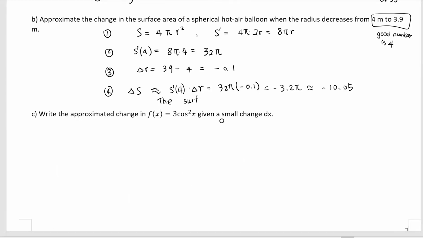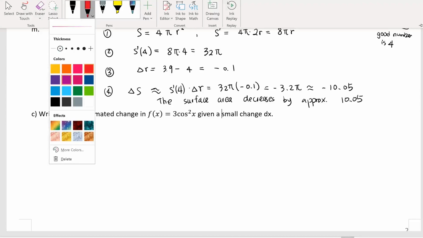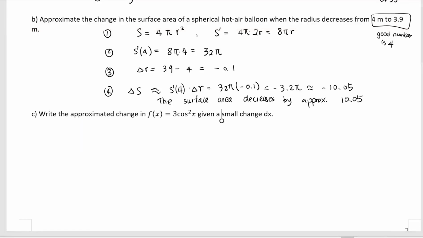So we can answer the problem like this: the surface area decreases by approximately 10.05. Okay, so here you gotta be careful. Because you say decreases by 10.05, if you put a negative here, it means you decrease by a negative, which means you're actually increasing.